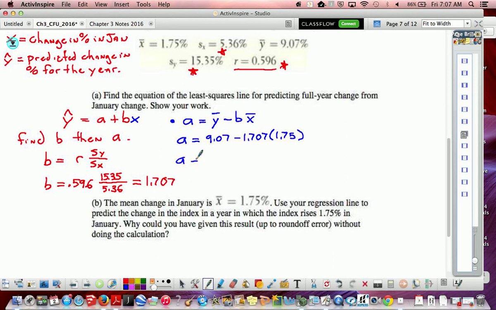So you can plug that in your calculator and you get A to be 6.083. So now our equation, we just put it all together. Y hat equals my A value, 6.083, plus my slope, since it's positive, 1.707x. And we got the equation.